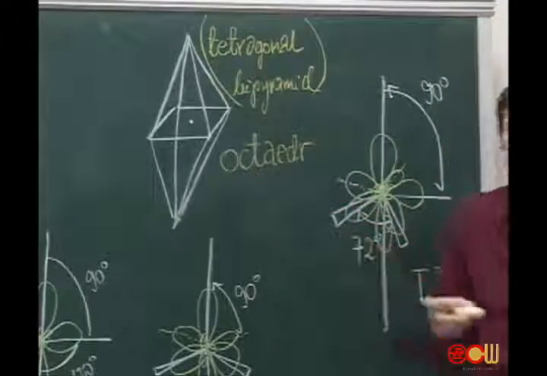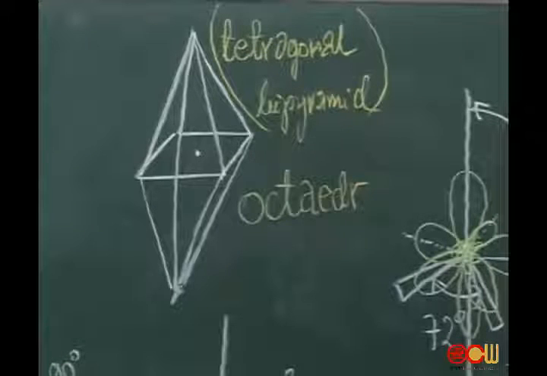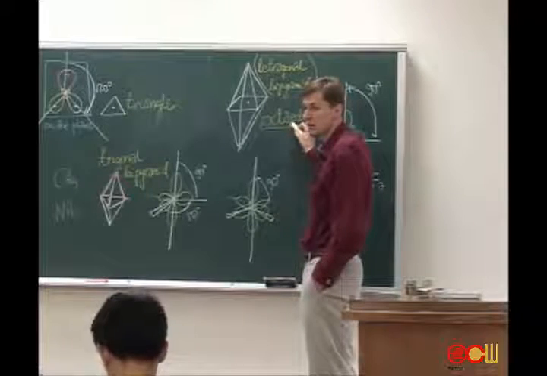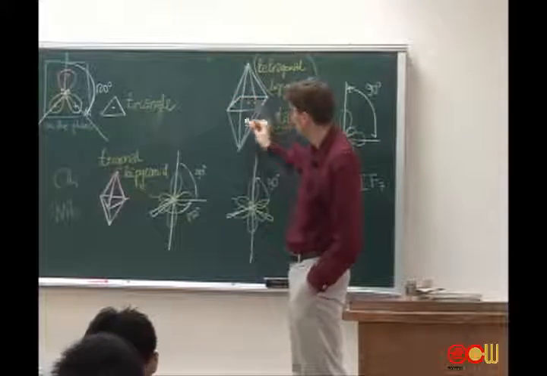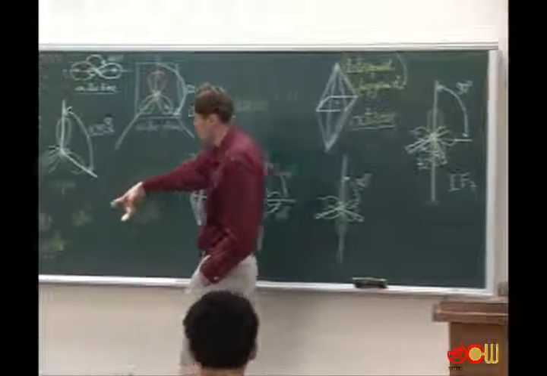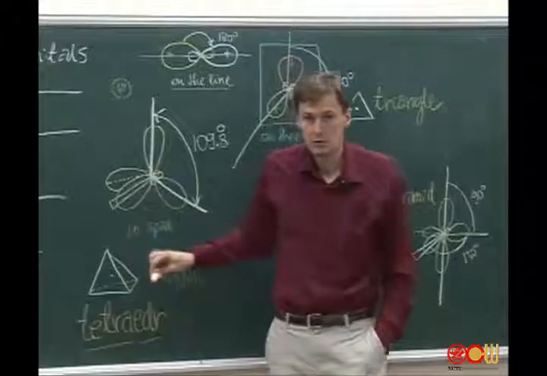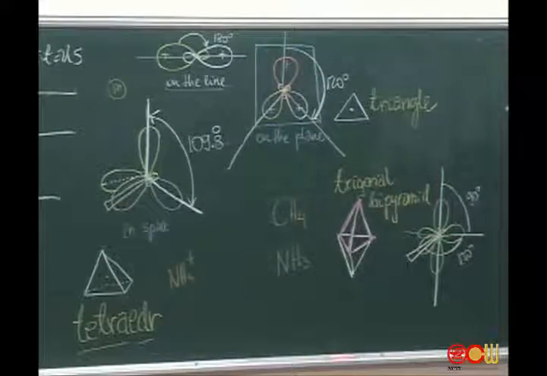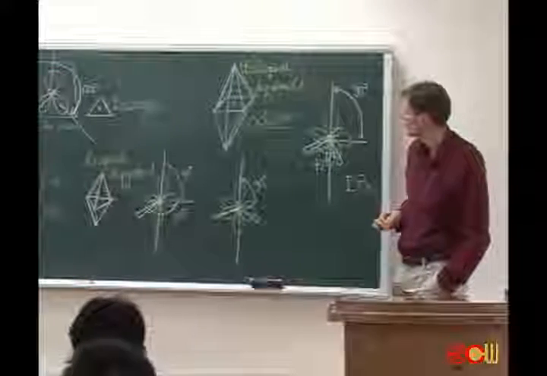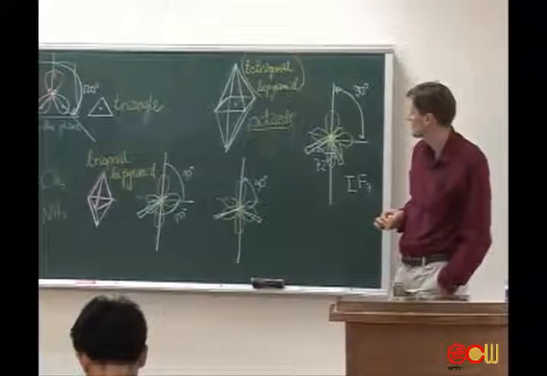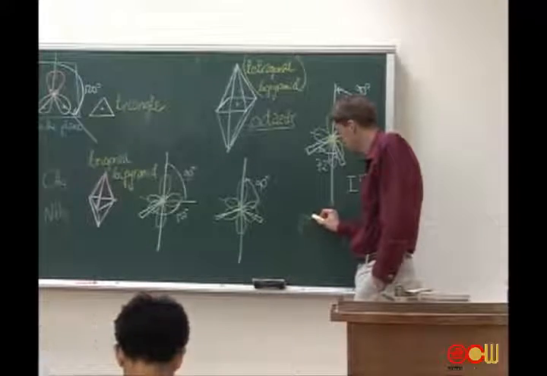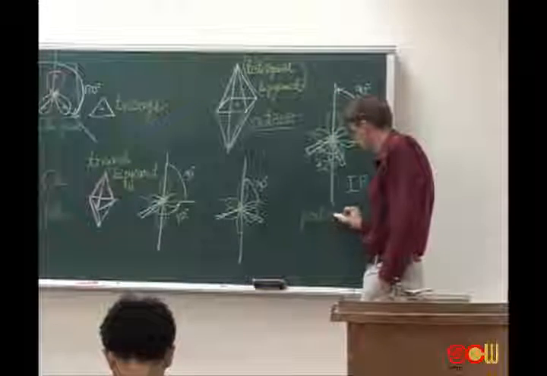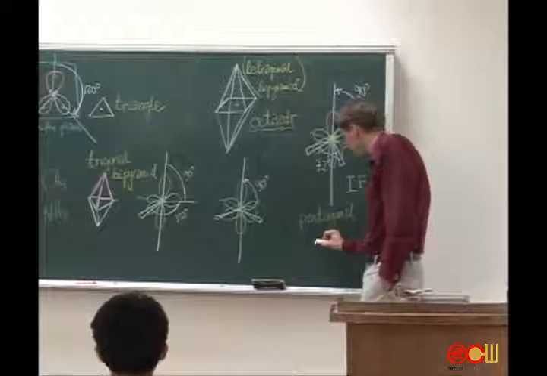So usually we are going to use this name. So again, octa means 8 and edr means wall. 1, 2, 3, 4, 5, 6, 7, 8. Similarly, tetraedr means 4 walls. And this one, of course, would be pentagonal bipyramid.